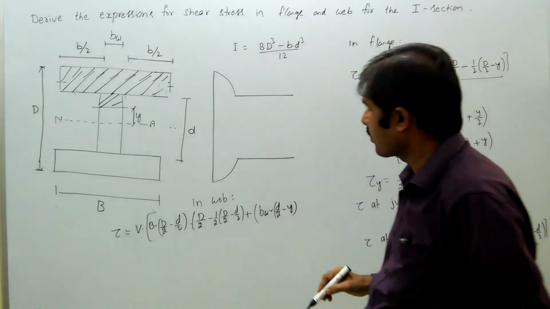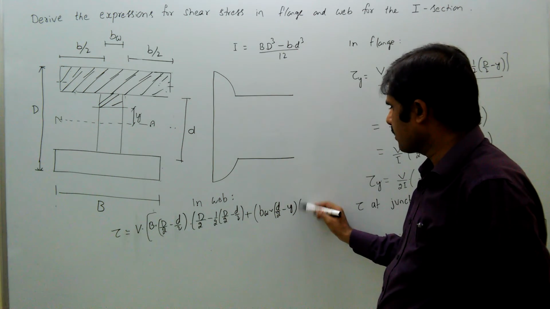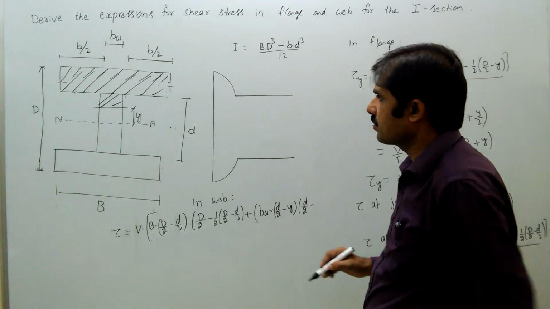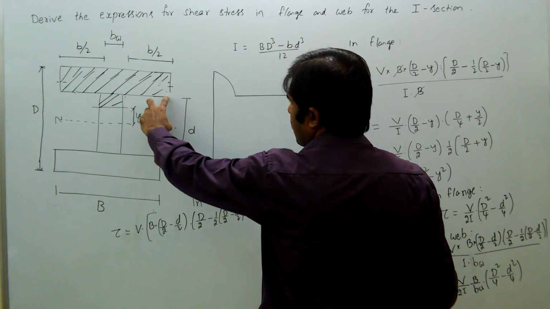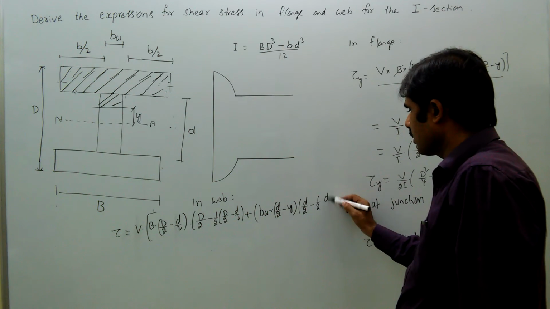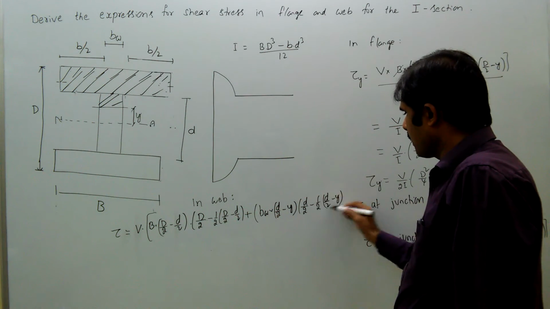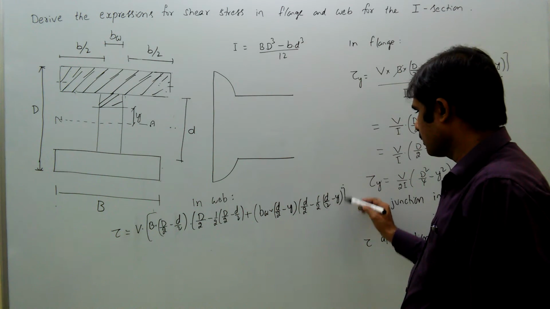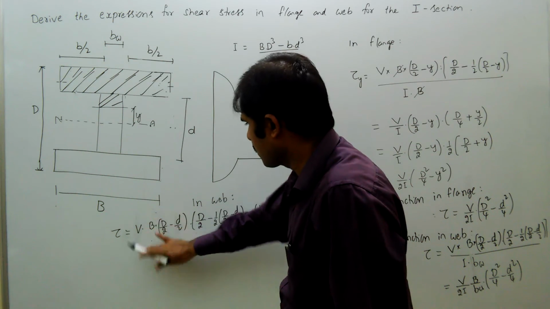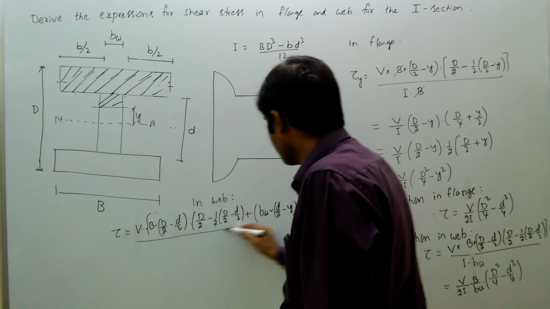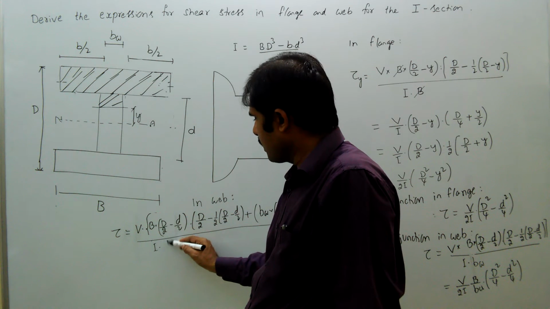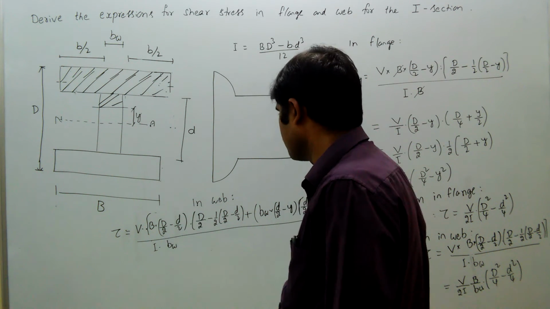Centroidal distance is D by 2 minus half of D by 2 minus y, whole divided by I into breadth of web.